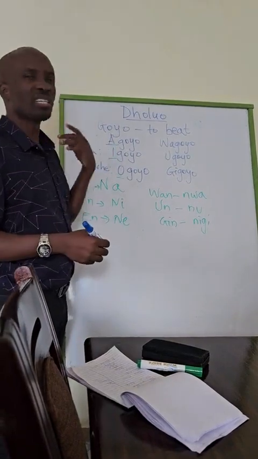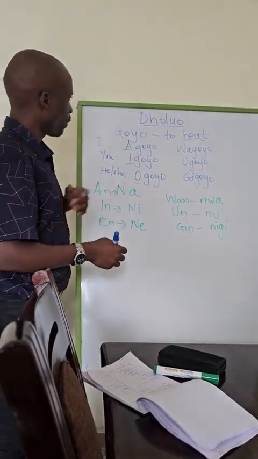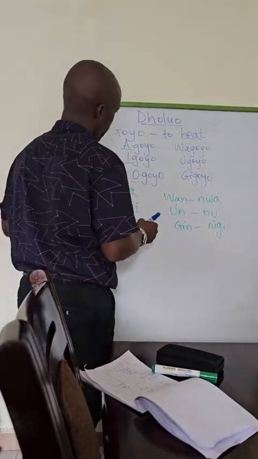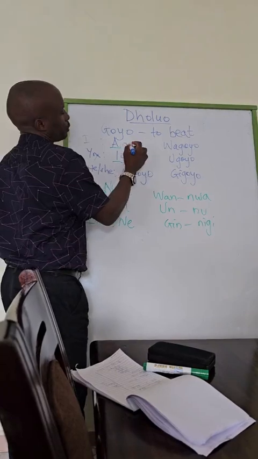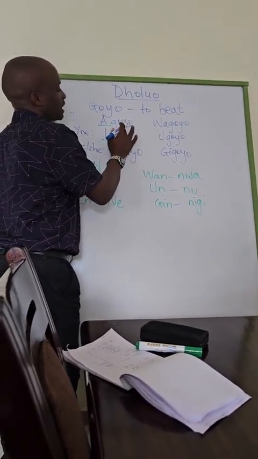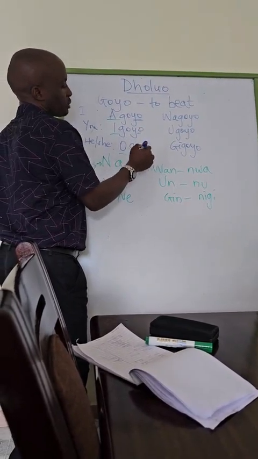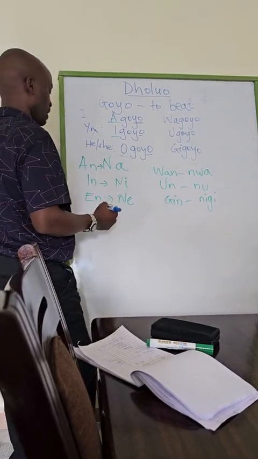So I'm beating. I don't know what sentence to use here, because then we want to shorten this. Now, while speaking, in many cases we don't say the whole word. So you'll find that this yo at the end sometimes is shortened. So you'll simply say ago, then you say whatever you're beating.